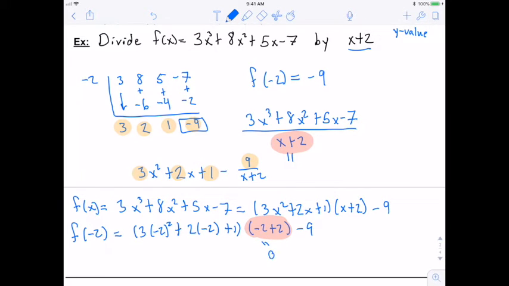So this equals 0, and that means that this is 0 minus 9, which is negative 9, which is exactly our remainder. So the remainder theorem makes sense, and really it's just saying once we factor, whatever we plug in for our negative 2 should just cancel out with the divisor, and only the remainder remains, which is, I guess, why we call it the remainder.